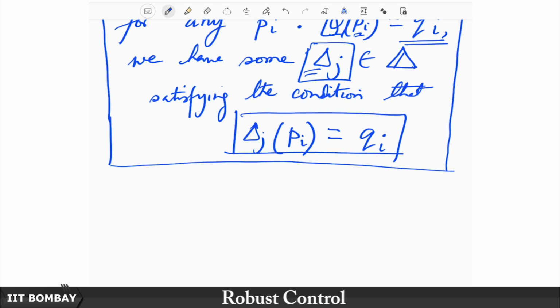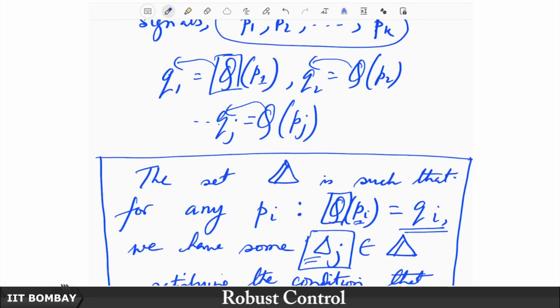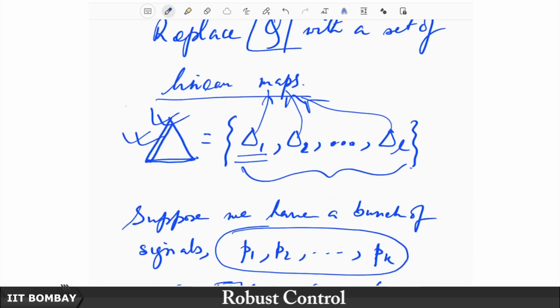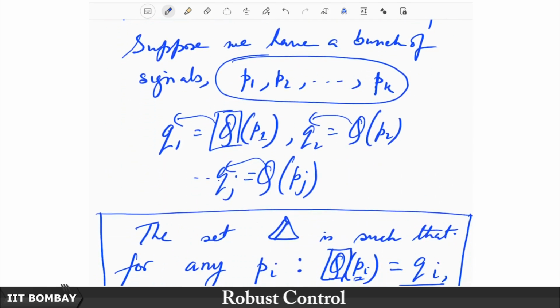So, you keep playing one card after another, that is to say, you give me one pi after another, p1, p2, p3, p4, p5, and for every such p that you give me, if I can always come up with some delta 1, delta 2, delta 3, delta 4, delta j, right, then I string together all of these deltas and combine them into a single set, that is this delta, yeah, then I would have won the game.